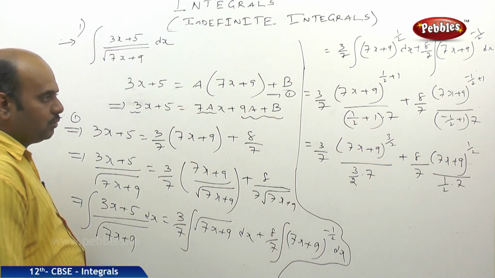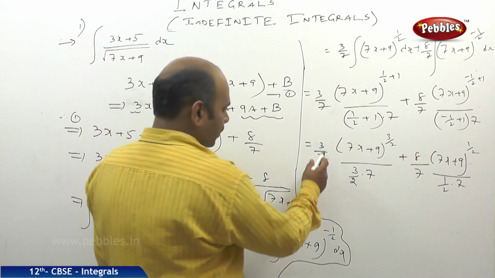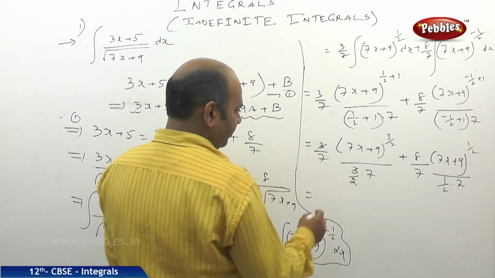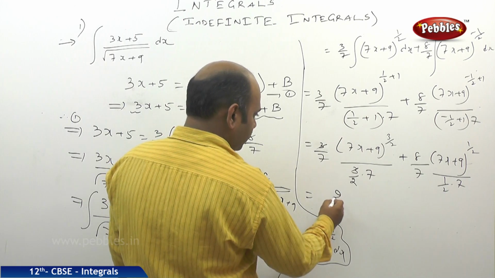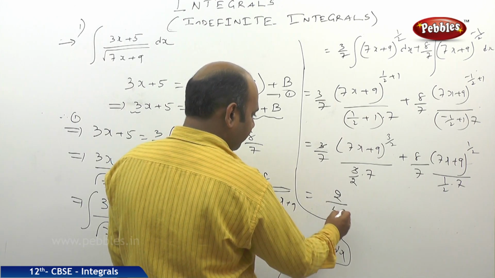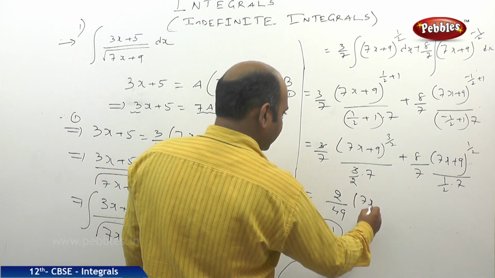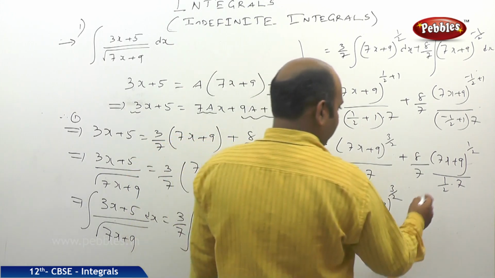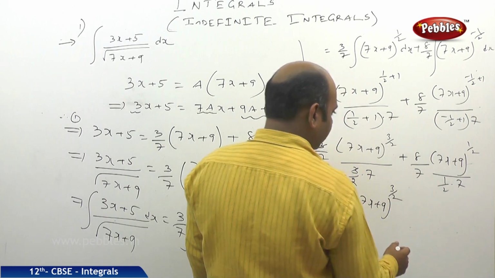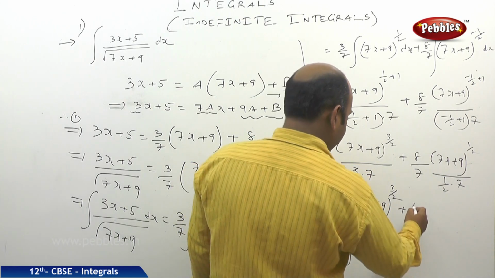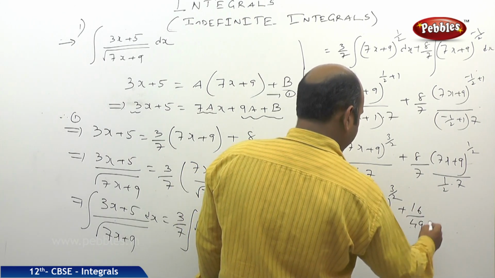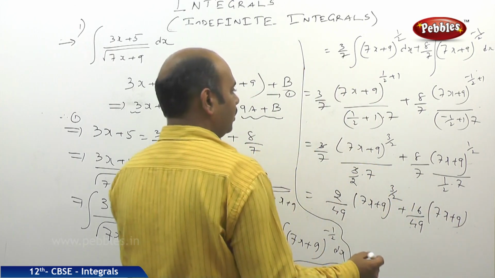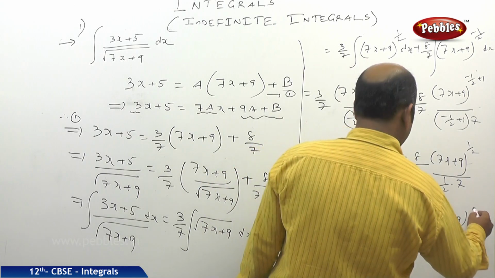I think we can still do some manipulation here. The 3s will get cancelled and the 2 goes up. So it becomes 2 by 49, (7x plus 9) whole power 3 by 2, and here also the 2 goes up, so it becomes 16 by 49 into (7x plus 9) whole power 1 by 2.